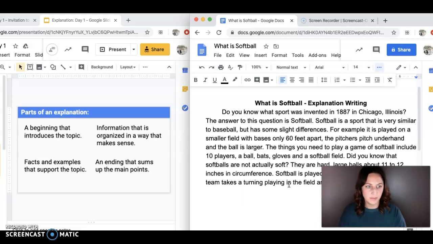One team pitches while the other team tries to hit the ball with bats.